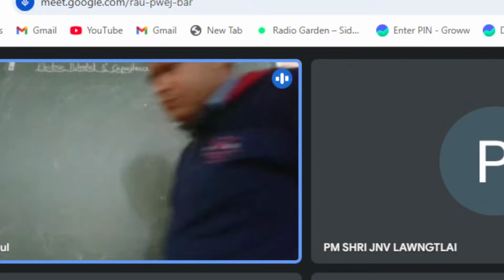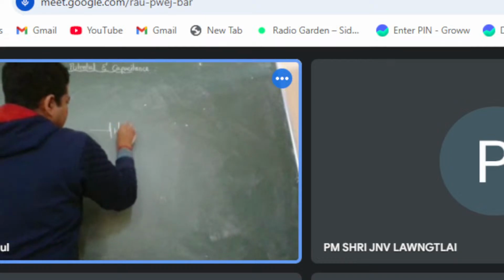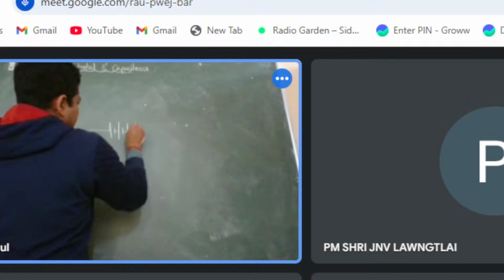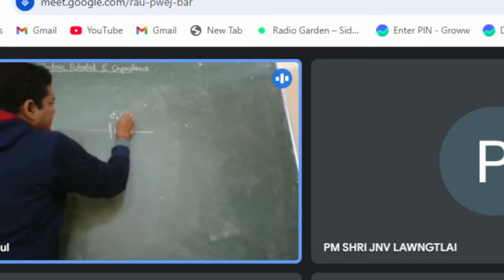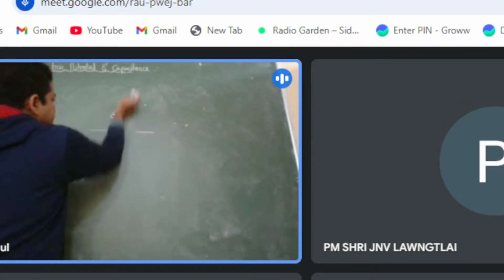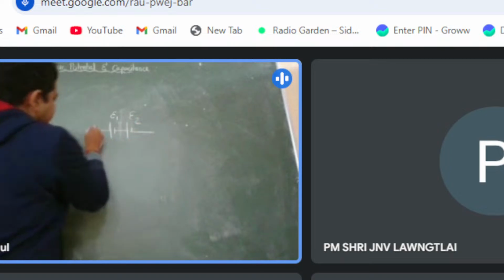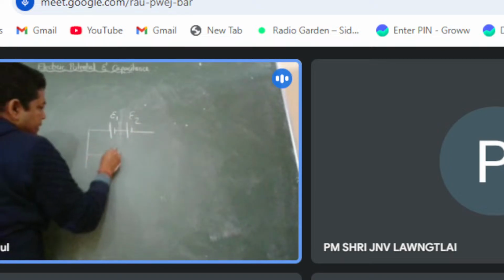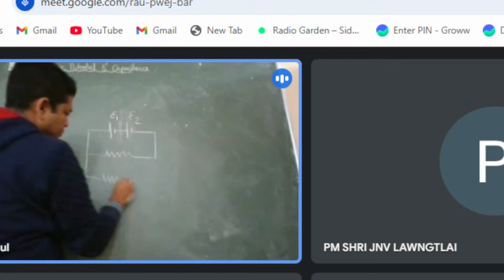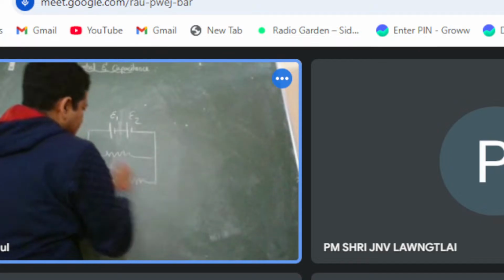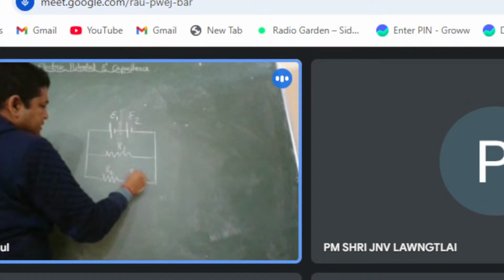Suppose we take cells E1, E2, say two cells are there like this one, they are in series and they are connected to a complex circuit like this one, and this is another one. For our study purpose, say this is R1, this is R2, this is R3.